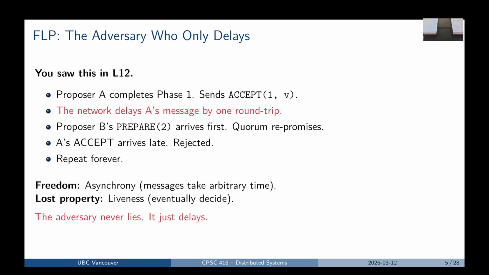But here's the reason that this was a problem when we were building Paxos, which is the prepare from a different proposer comes in first, and so now the quorum, because this is a higher ballot number, shifts to the new proposer. So A's accept now arrives late, but we've already seen a higher ballot number, so we can't accept that anymore because that's the race condition. That's exactly what it exposes.